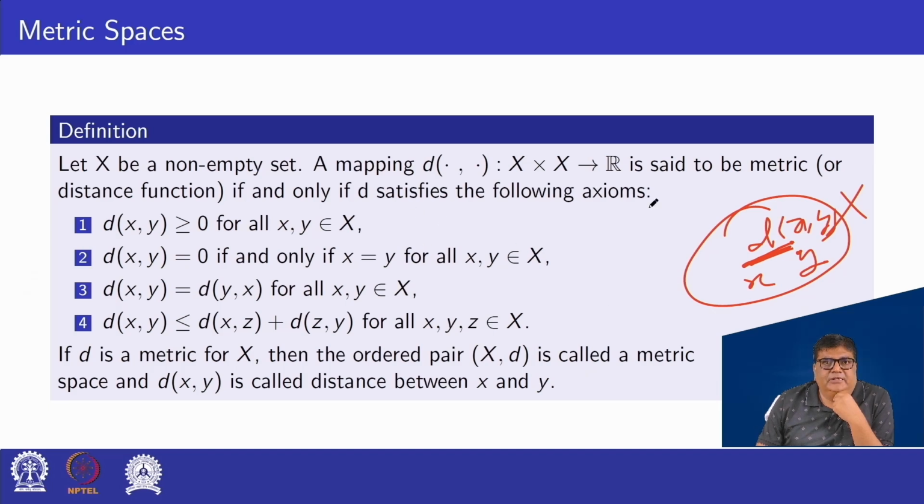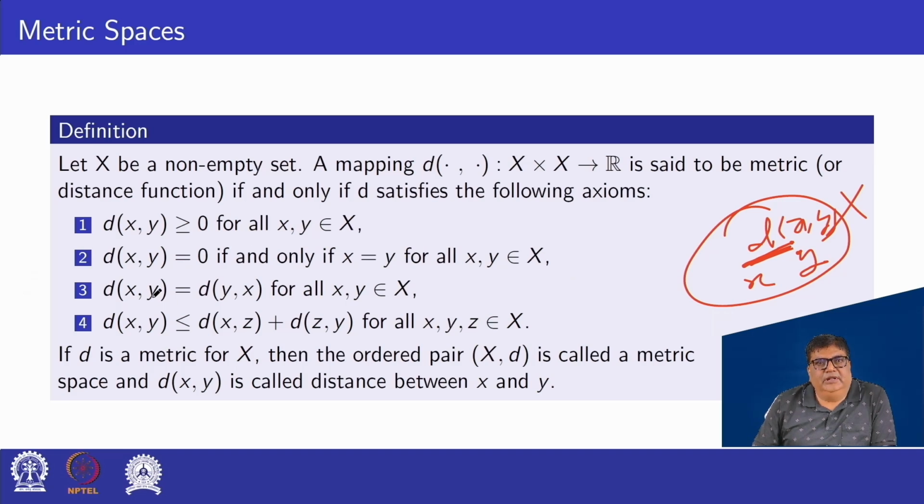The first axiom is that the distance between the points x and y is greater than or equal to 0 for all x, y belonging to X. Second condition, d(x,y) is equal to 0 if and only if x is equal to y, for all x, y belonging to X. It means that the points coincide.